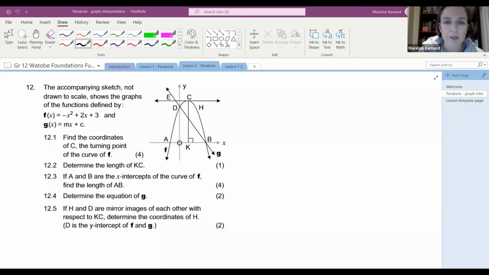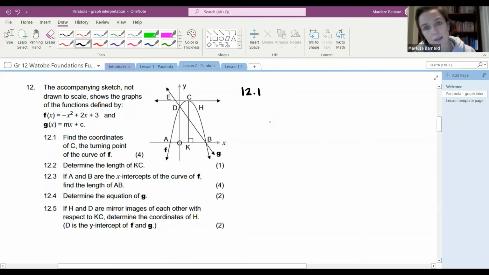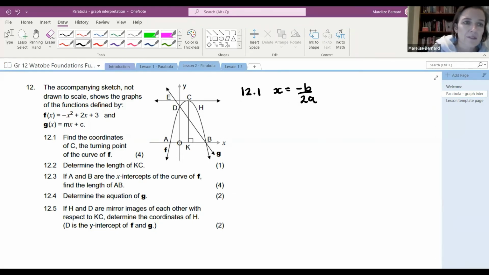Make a big note for yourself of that so that you know when to make y equal to 0 and how to calculate the turning point. So the turning point is minus b over 2a. Where do the minus b and the a come from? That's right, Mark Adams. Once we have the x, we sub it back in to get the y.